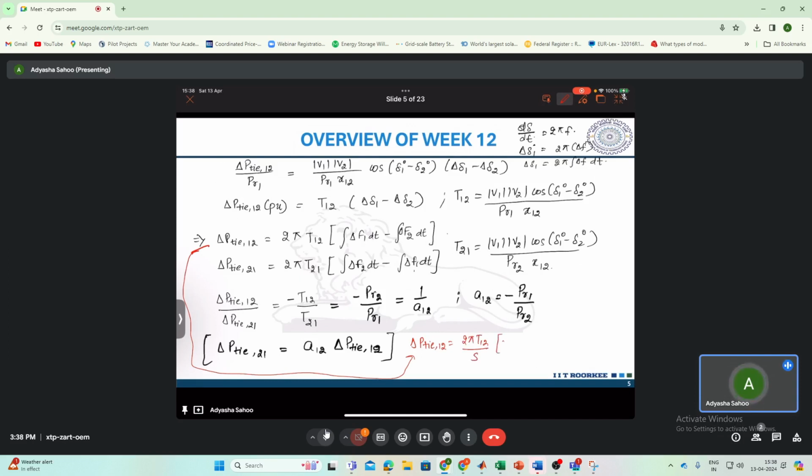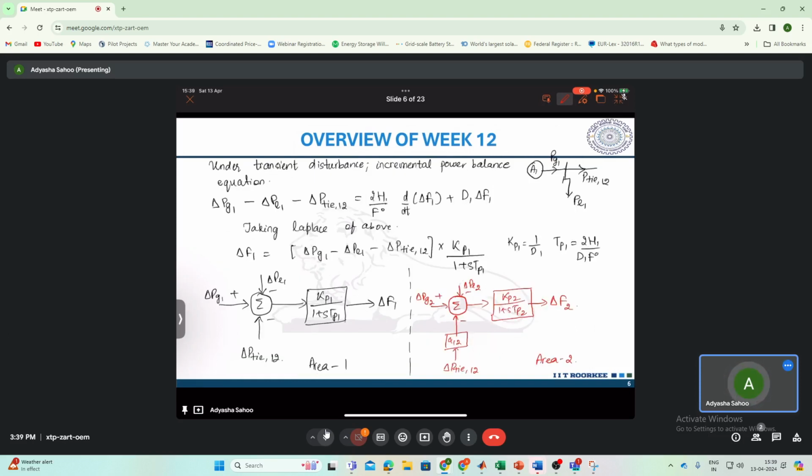So this will be delta F1 minus delta F2. So its block diagram will be like delta F1 minus delta F2 into this 2 pi T12 by s will give us delta P tie 12.